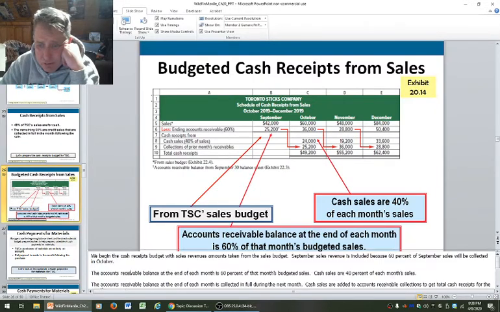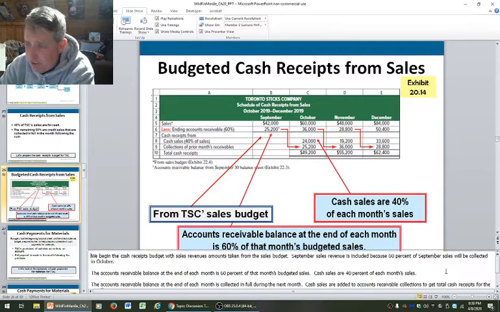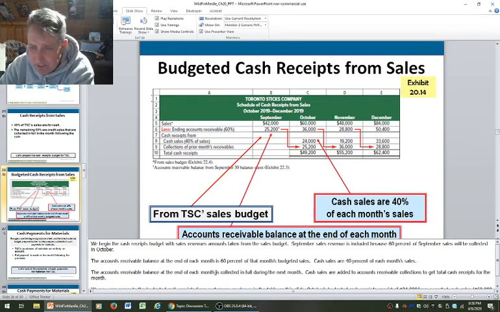When we begin a cash receipts budget with sales revenue amounts taken from the sales budget, September sales is included because 60% of September sales will be collected in October. The accounts receivable balance at the end of each month is 60% of that month's budgeted sales. Cash sales are 40% of each month's sales, right? The AR balance at the end of each month is collected in full during the next month.